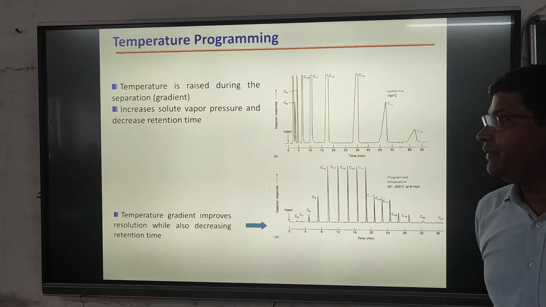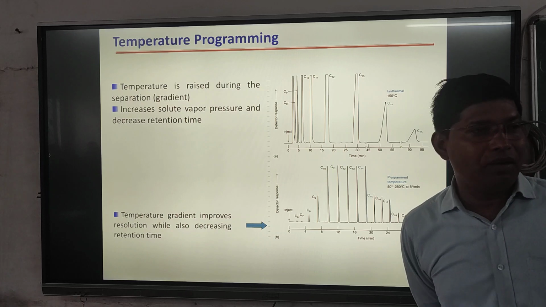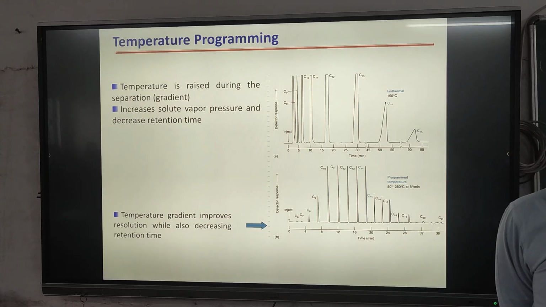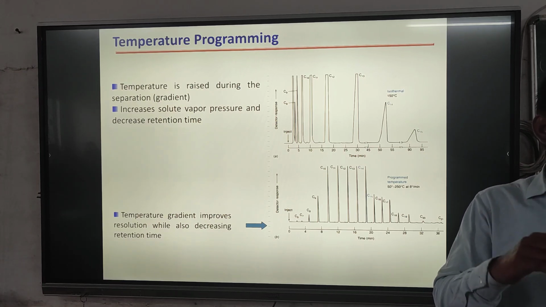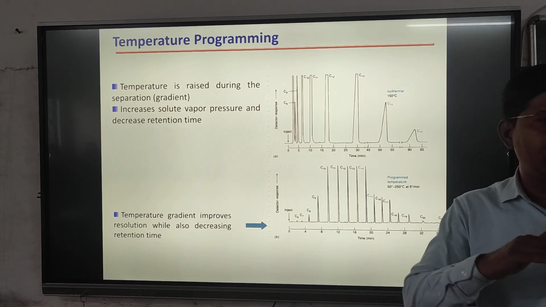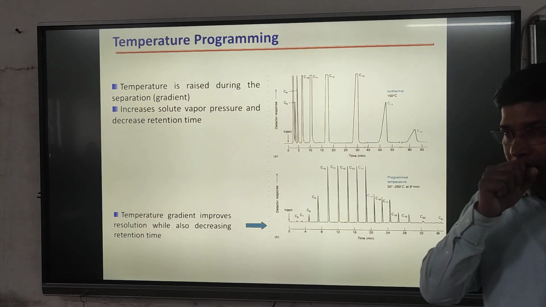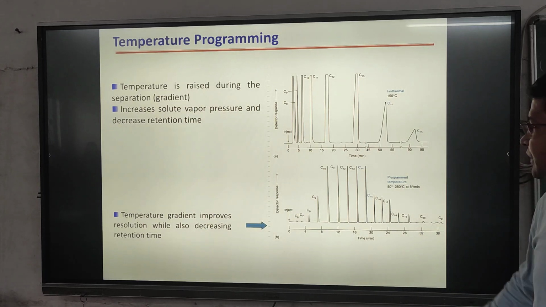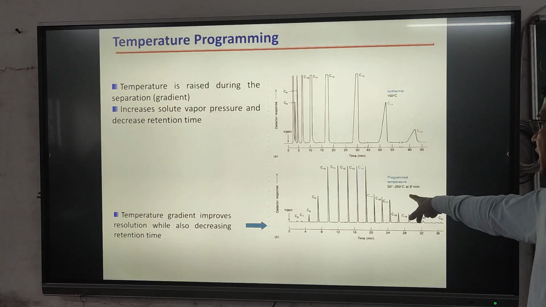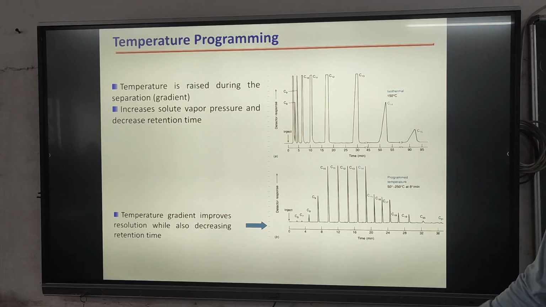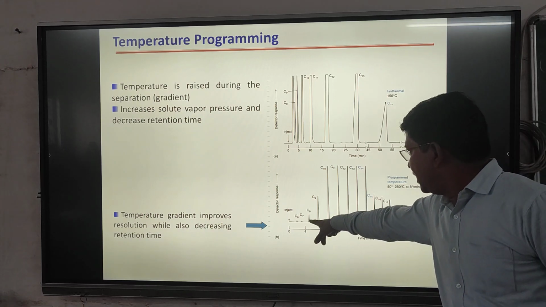Here we have gradient separation of a compound mixture and isocratic. Isocratic means the same temperature is maintained for the separation of the compound mixture in gas chromatography, and in gradient we change the temperature.